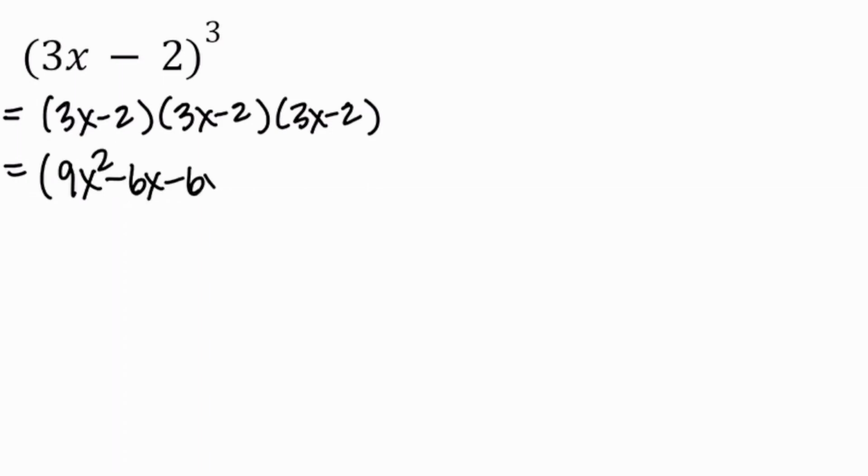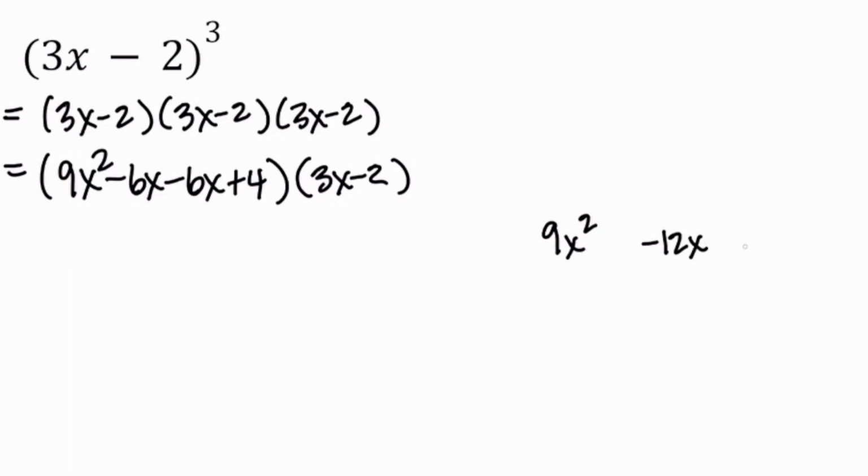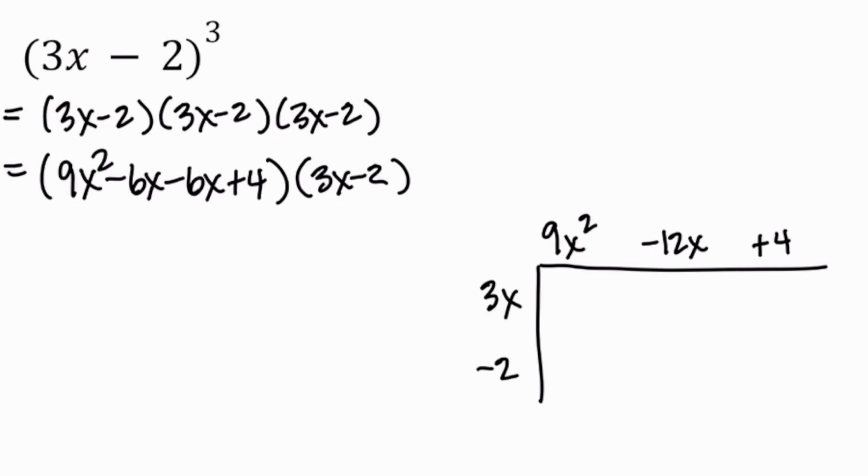I'll have that again, and then plus 4 multiplied by 3x minus 2. I'll combine those when I go to set up for the box multiplication off to the side. I have 9x squared, negative 12x, and positive 4, multiplied by a 3x and a negative 2.